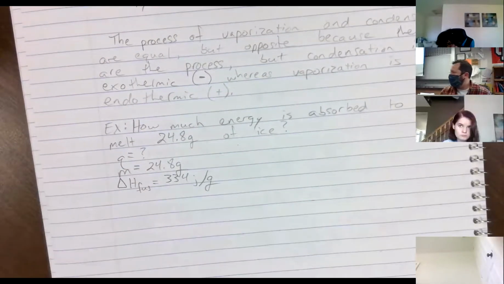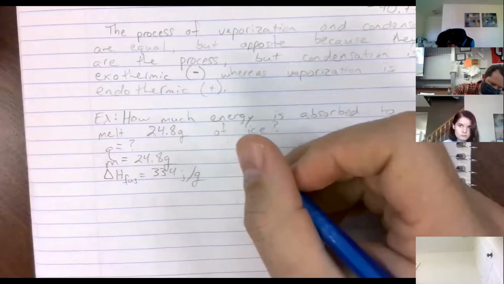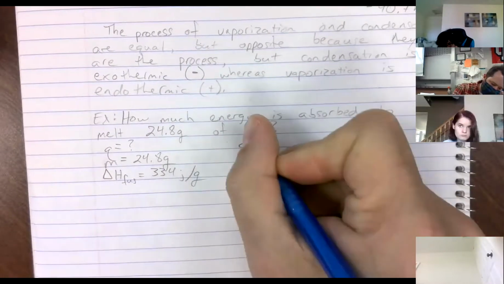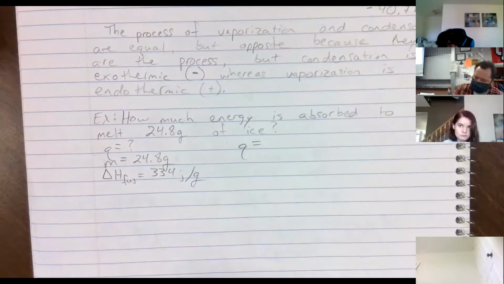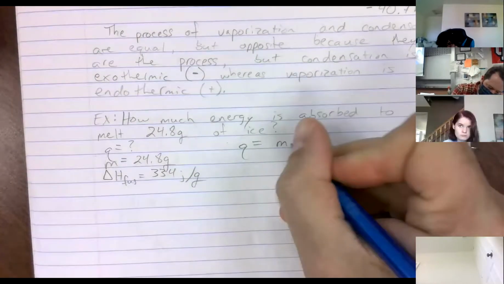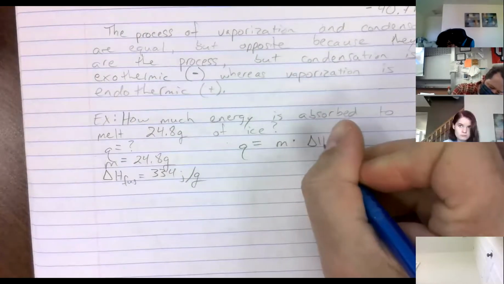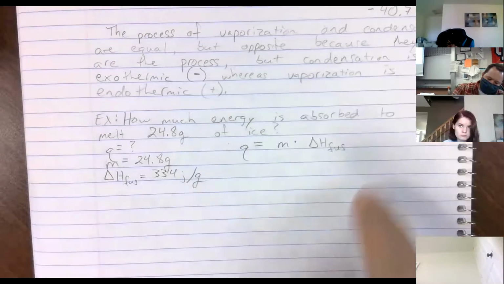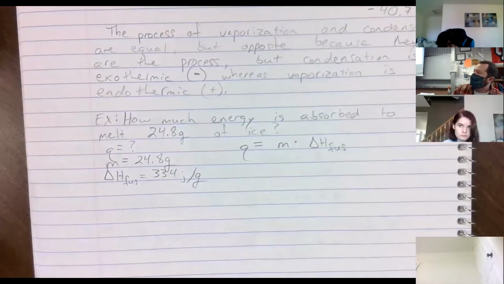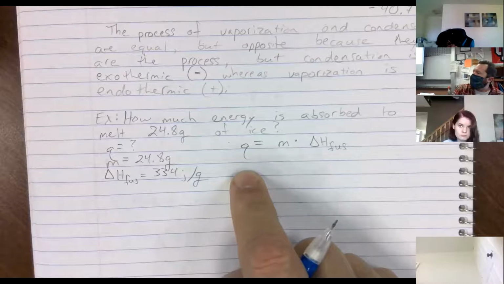My formula, there's really only one formula we've learned so far, and so let's use it. Q, my energy, is equal to mass times delta H, in this case, fusion. I've got the unit I want on a side by itself.